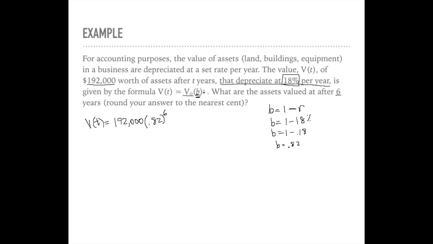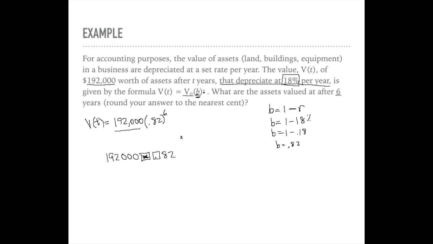Well, in your calculator, I'm going to put this all in. I can do 192, then let me write the key sequence here. Some calculators are going to be different. This is a multiplication. Then you put your point, which is your decimal, 82.